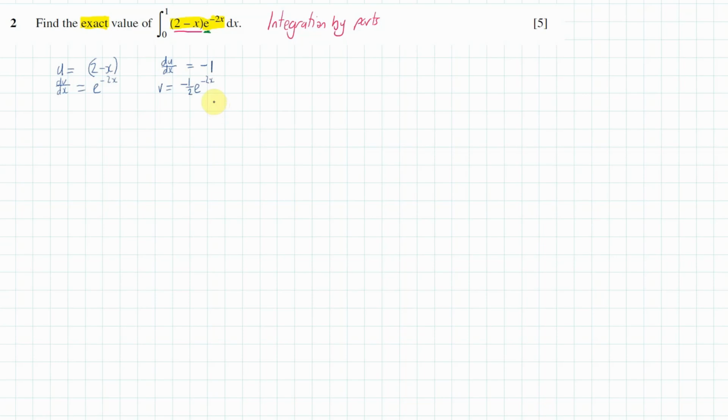Now, we know that this, in the question, is equal to, using integration by parts, u v minus the integral of v du dx.